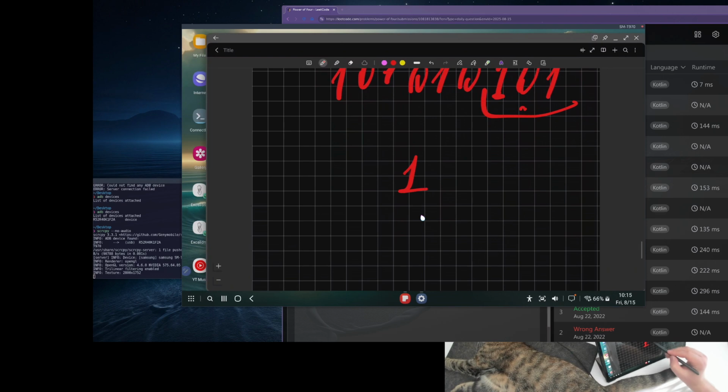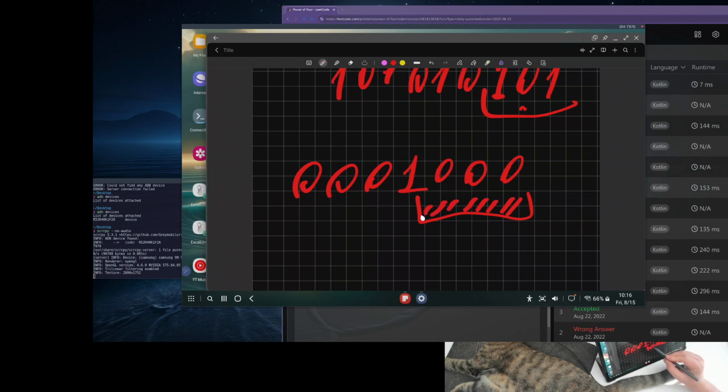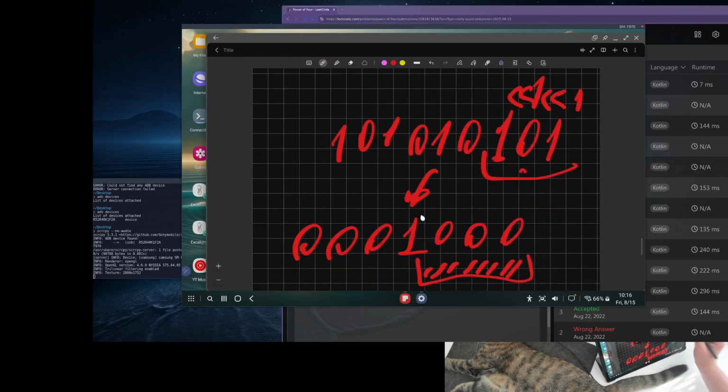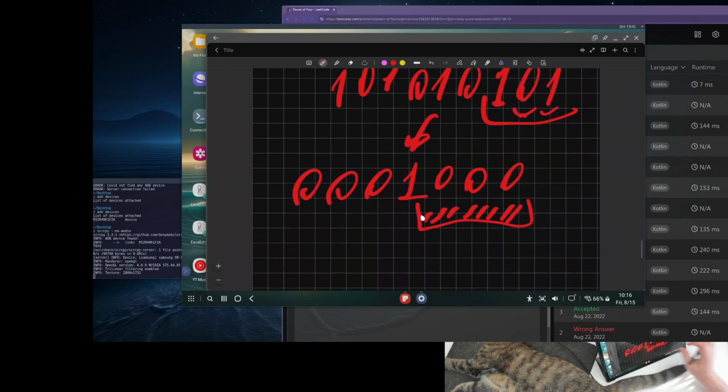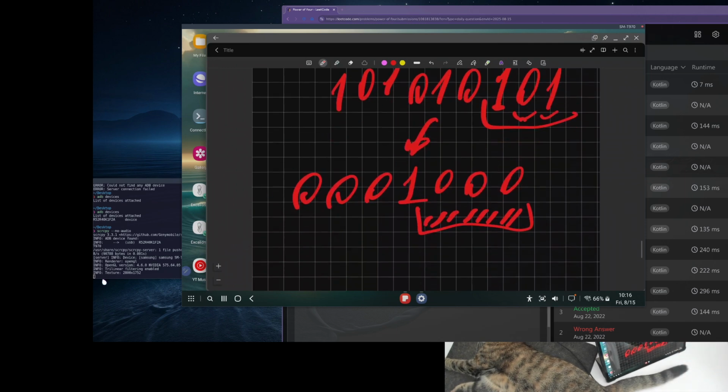So we have 1 and some zeros around it. So we can count how many zeros. It would tell us exactly where this bit is set, and it should be on an odd or even position. So it should be on an even position. That's it.